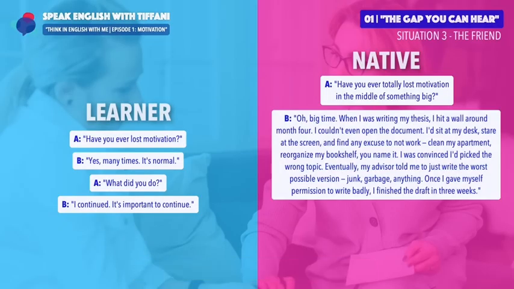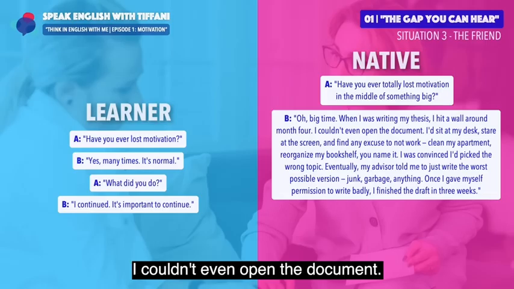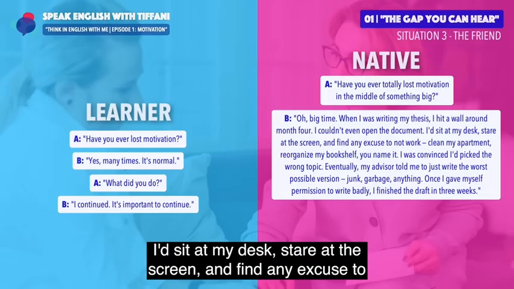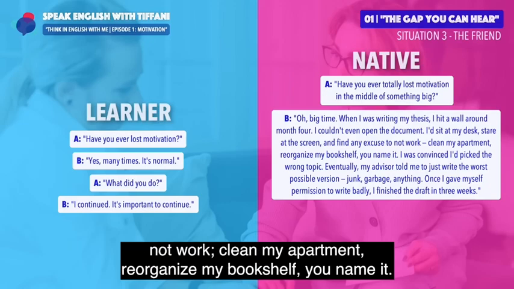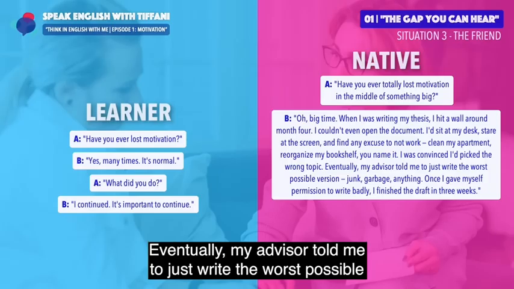Have you ever totally lost motivation in the middle of something big? Oh, big time. When I was writing my thesis, I hit a wall around month 4. I couldn't even open the document. I'd sit at my desk, stare at the screen, and find any excuse to not work, clean my apartment, reorganize my bookshelf, you name it. I was convinced I'd picked the wrong topic. Eventually, my advisor told me to just write the worst possible version.